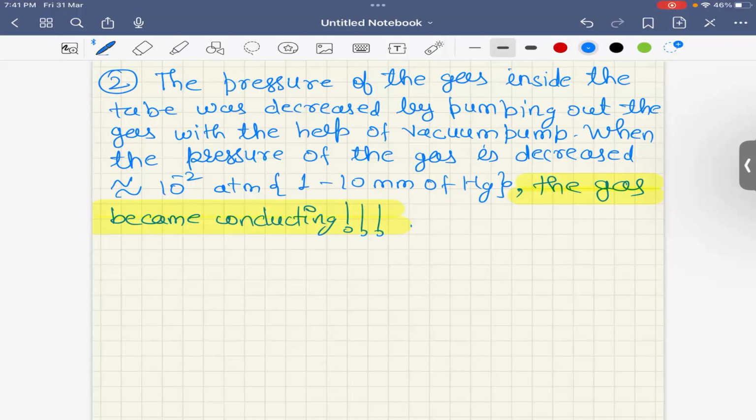So how did they observe this? This was confirmed because the gas started emitting light, right?